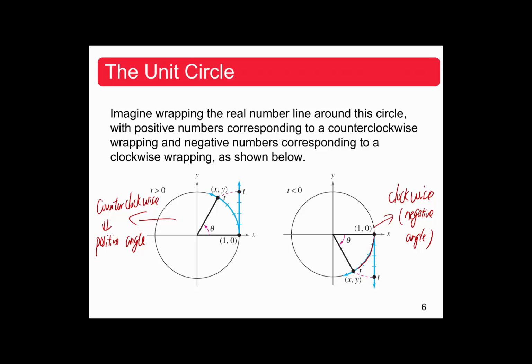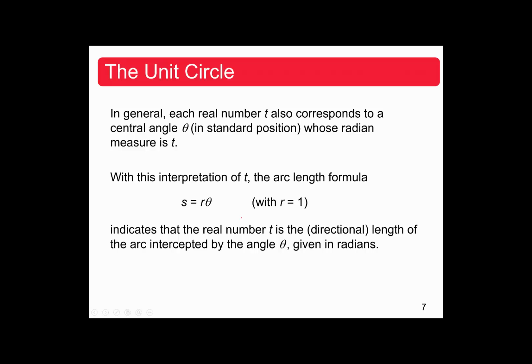So this arc length here has something to do with the angle itself, right? This angle covers this amount of arc length. Similarly, right here, this angle covers this amount of arc length. So they have a corresponding relationship with each other. In general, each real number t also corresponds with a central angle theta. That means the arc length and the angle theta are related.